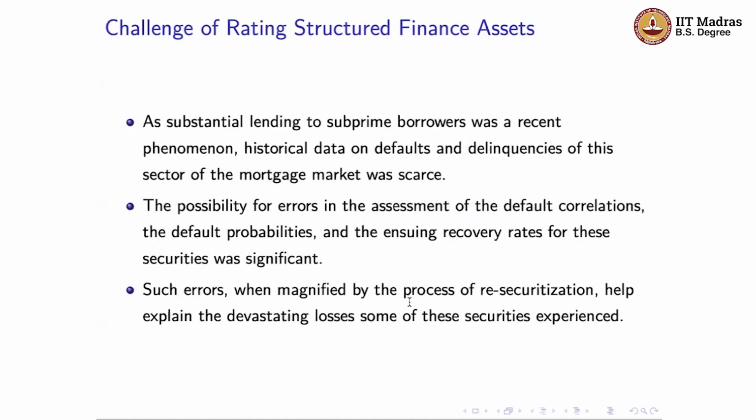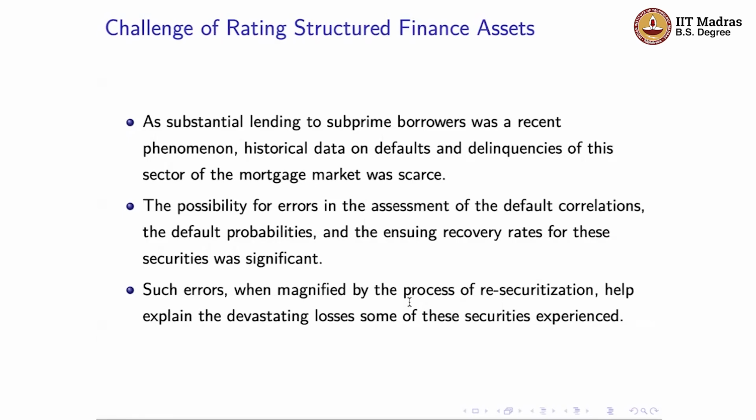Now, why was there more likelihood of making mistakes? As we discussed, the historical experience on the basis of which these rating agencies were making this assessment of correlation was basically single rated corporate bonds, right? But from there, they didn't have that much experience in thinking about what's the probability of default of these new securities that were being created, and what's the likelihood that these defaults are correlated, right?